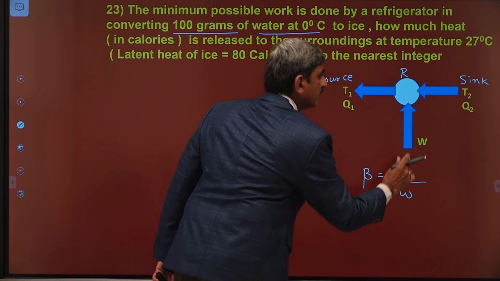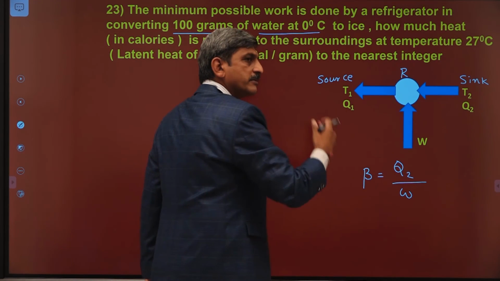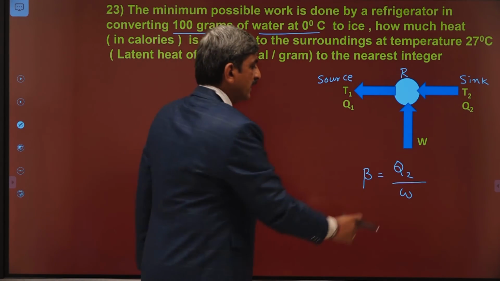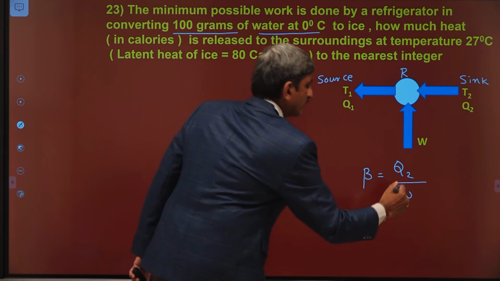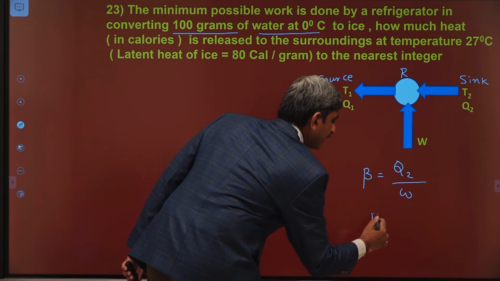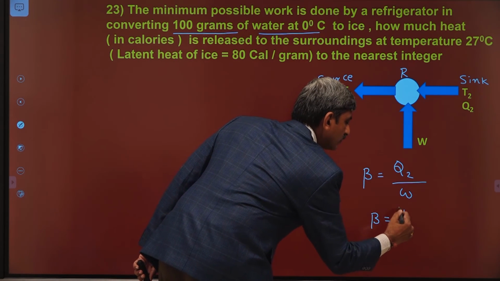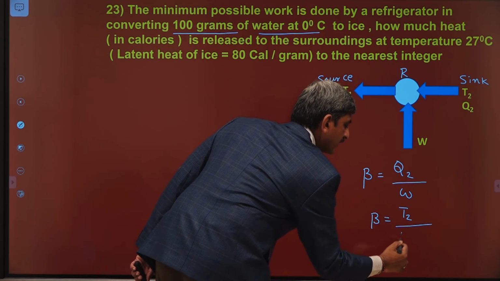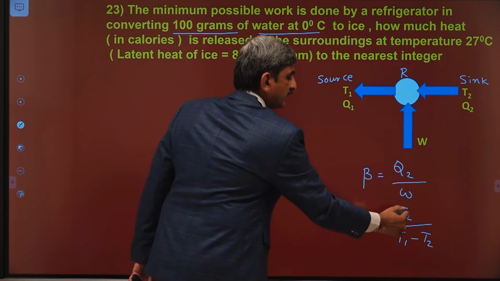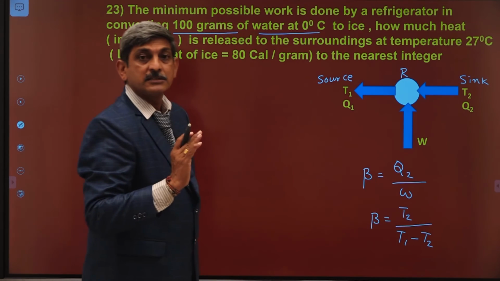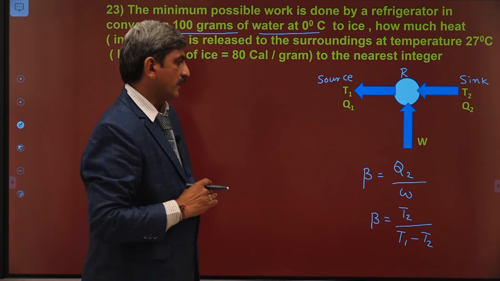Here Q2 is the amount of heat absorbed from the lower temperature sink and W is the amount of work done by the refrigerator. So in terms of the temperature, this can also be written as beta is equal to T2 by T1 minus T2. Here T1, T2 values must be taken on the absolute scale or Kelvin scale.